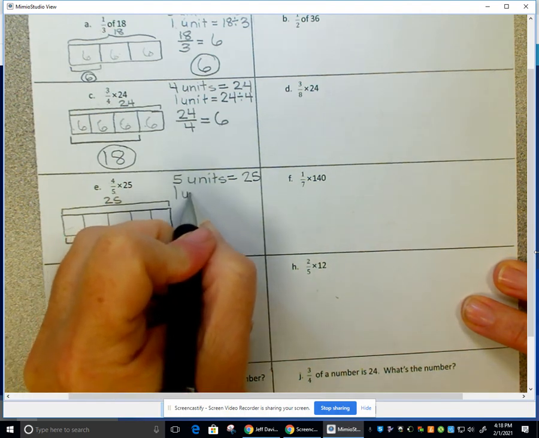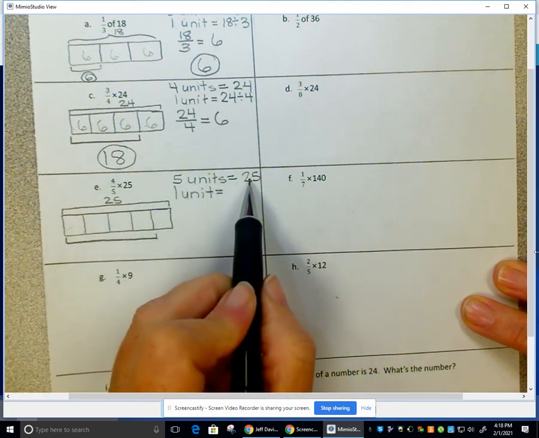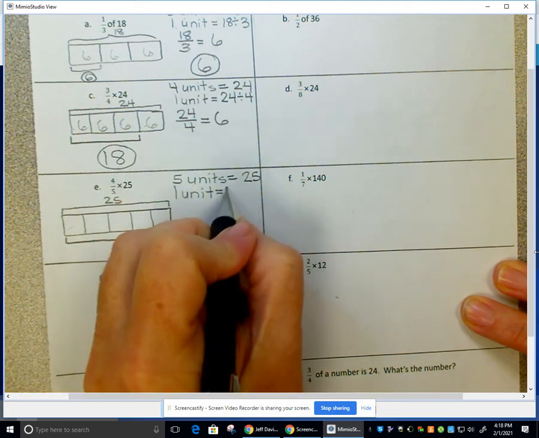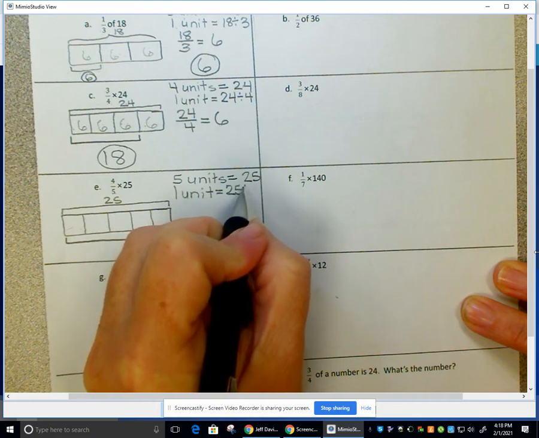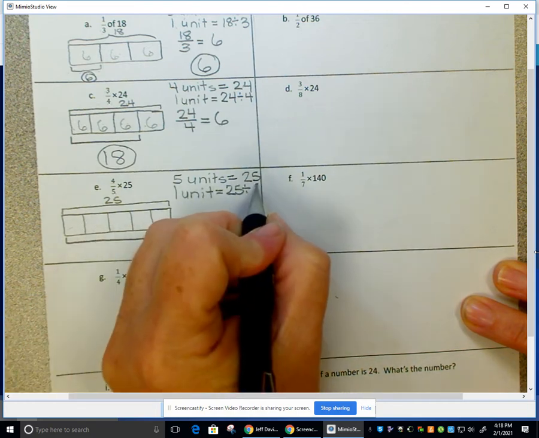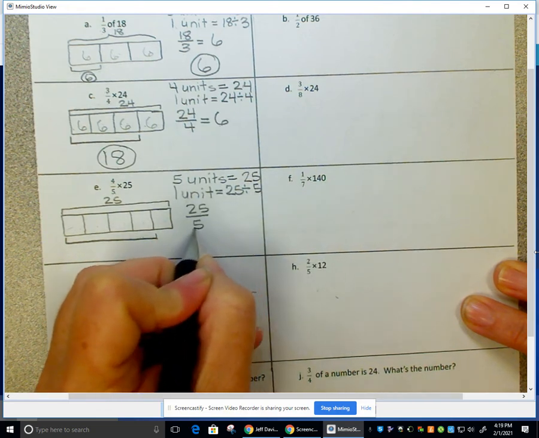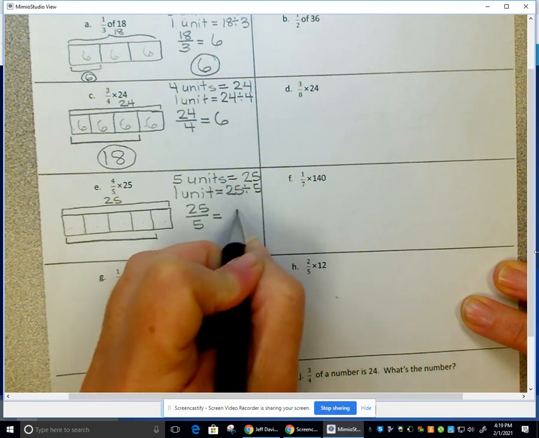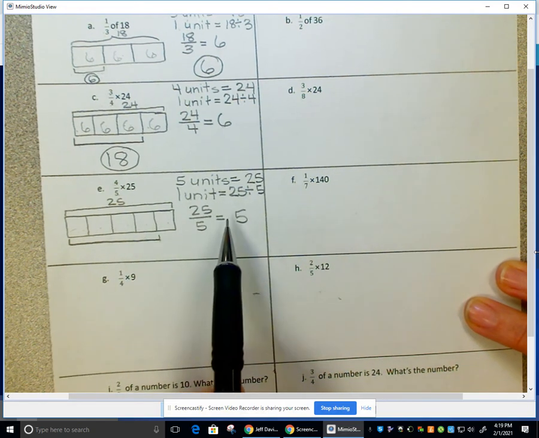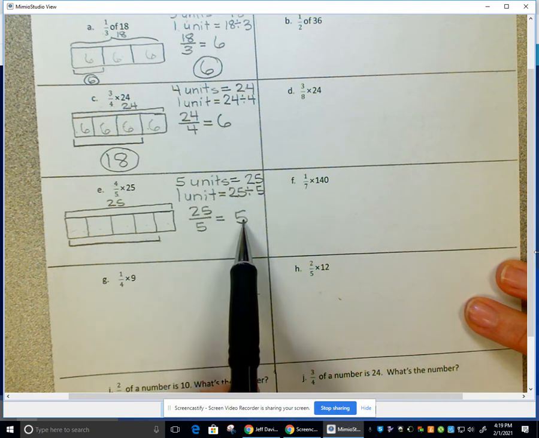So 1 unit equals, take the 25, divide it by 1, 2, 3, 4, 5. So I know 25 divided by 5 equals 5. So that means 1 unit equals 5.